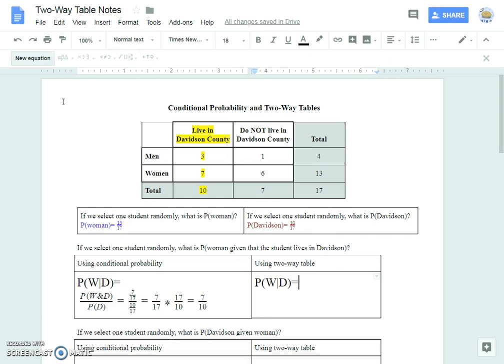So I know that we're going to have a fraction here. How many women live in Davidson County? We have 7 women that live in Davidson County, and of how many people that live in Davidson County? 10. So we can see that using the two-way table allows us to find the probability a lot quicker. I'm going to unhighlight this here.